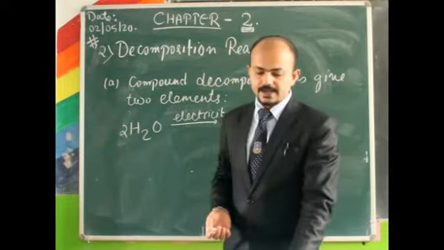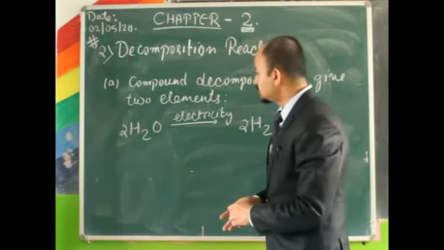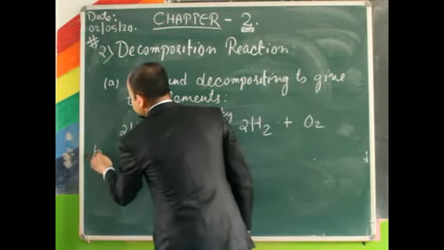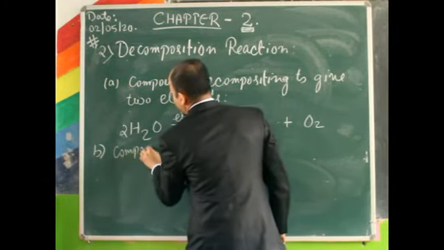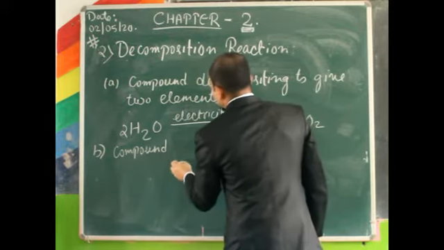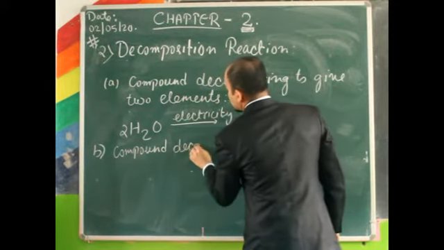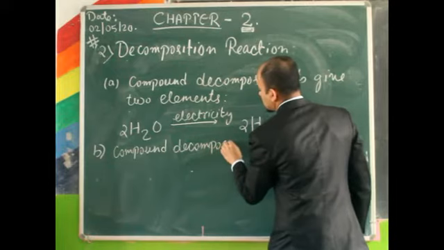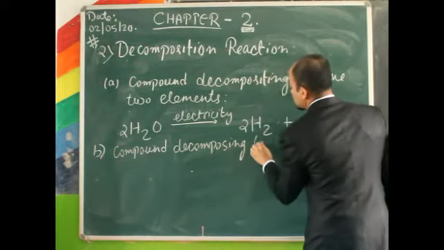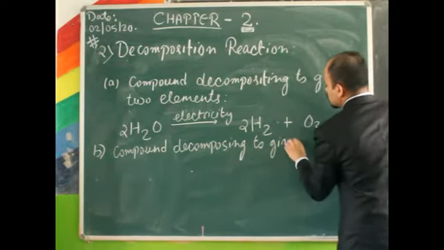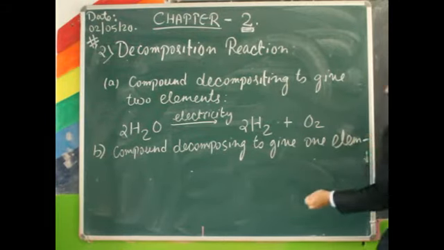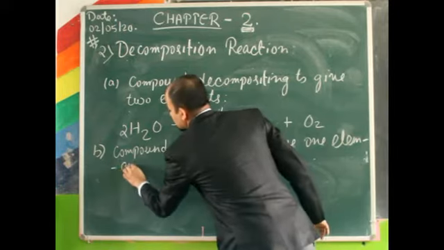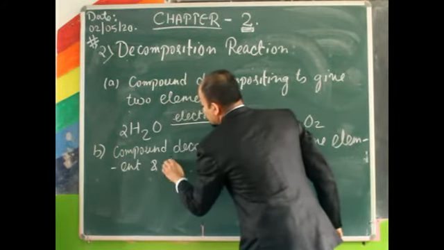Now the second example is a compound decomposing to give one element and a compound.